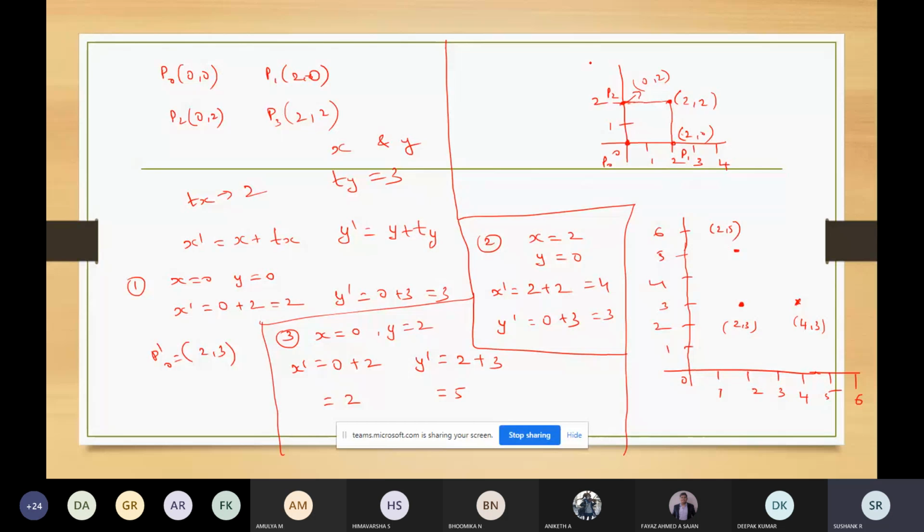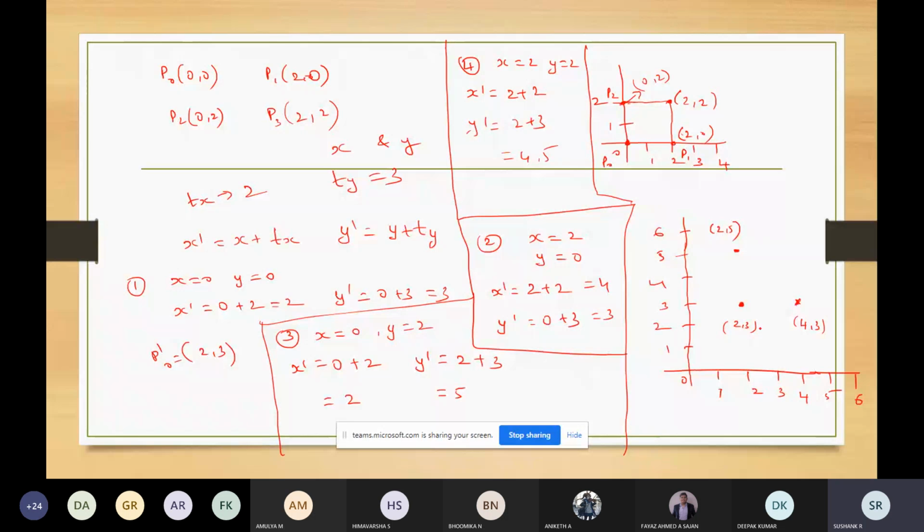After this, the last value, the fourth one: x is 2, y is also 2. x dash is equal to 2 plus 2, y dash is equal to 2 plus 3. So it will be 4 comma 5.